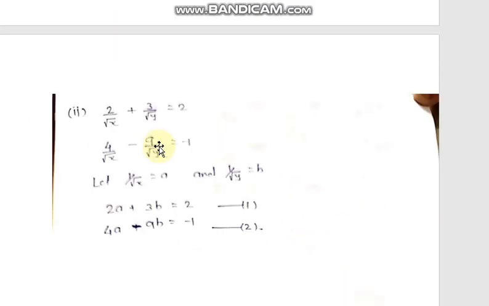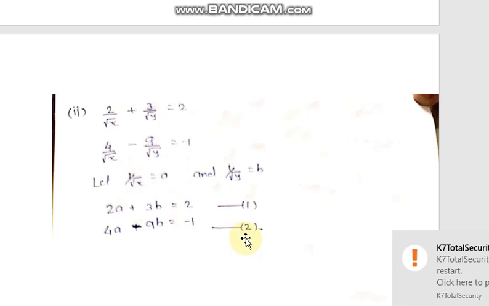In the same way, the second question: we have 2 upon root x plus 3 upon root y equals 2, and 4 upon root x minus 9 upon root y equals minus 1. Here we consider 1 upon root x equals a and 1 upon root y equals b. So if you place these in the first and second equations, you will get 2a plus 3b equals 2 and 4a minus 9b equals minus 1 respectively.